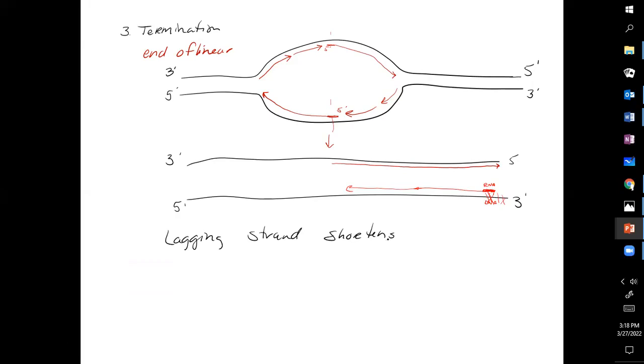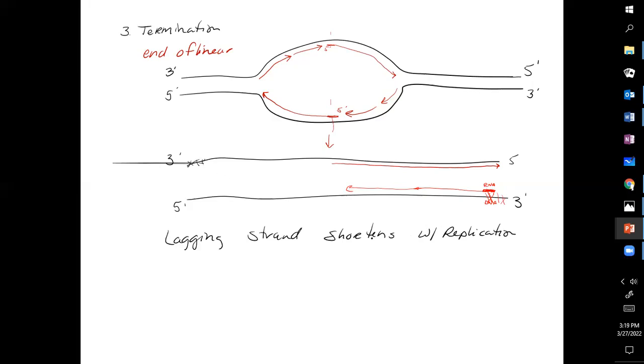And remember, replication occurs every time a cell divides. So every time DNA replicates, the lagging strand is going to shorten. Now over here, this is going to be the lagging strand, so this end would shorten.